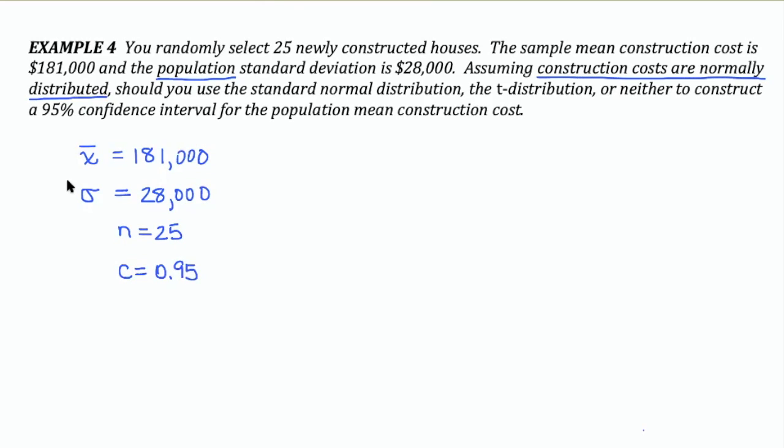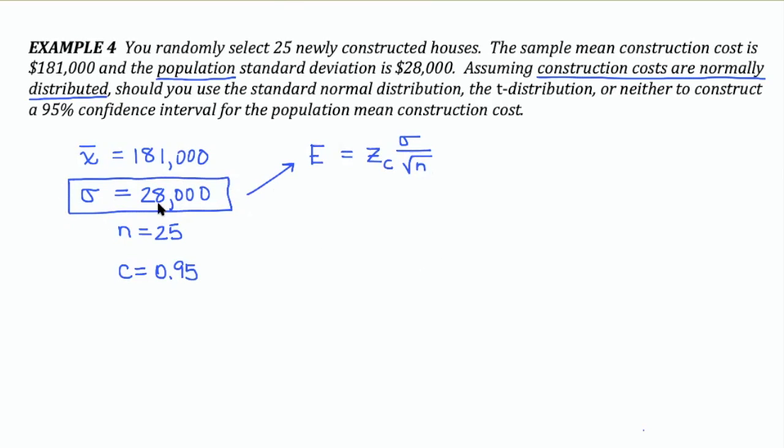The deciding factor is right here. Because this is the population standard deviation, we are heading towards using the formula E equals z sub c times population standard deviation divided by square root of sample size.